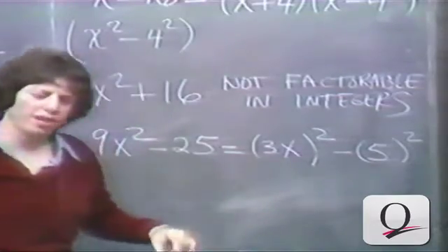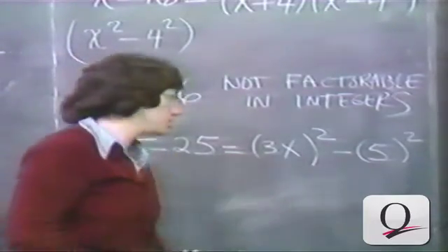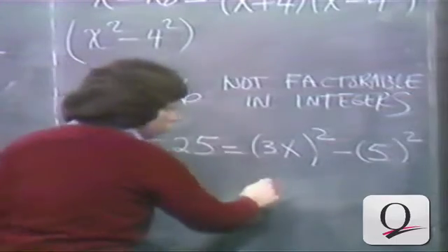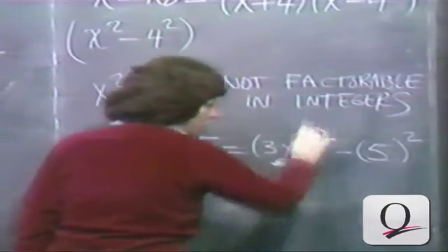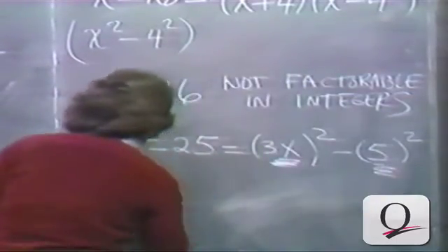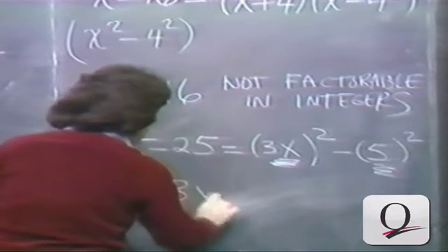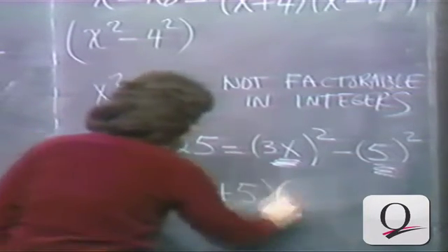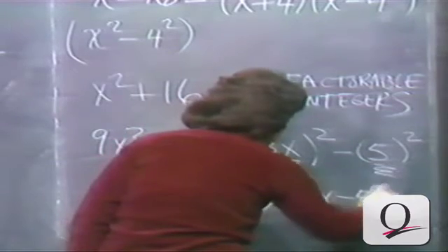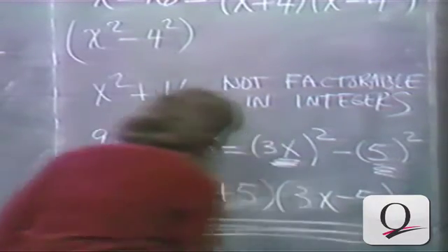It's 3x times 3x. 9x squared minus 25. It's the difference of two squares, this squared minus this squared. So you rewrite it as the sum, 3x plus 5, times the difference, 3x minus 5. And that's the answer.